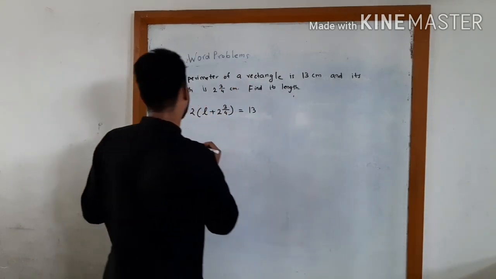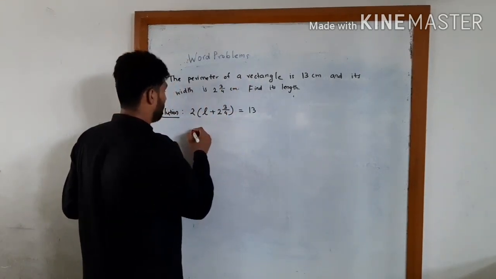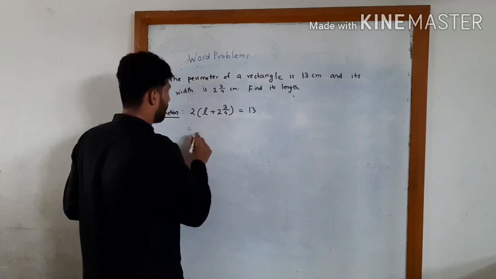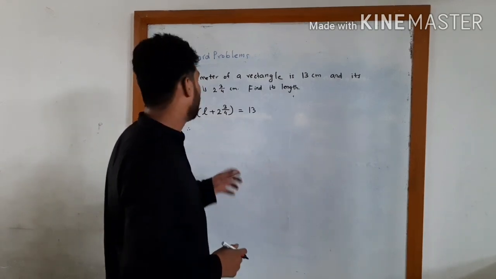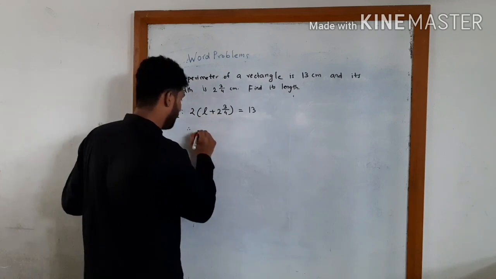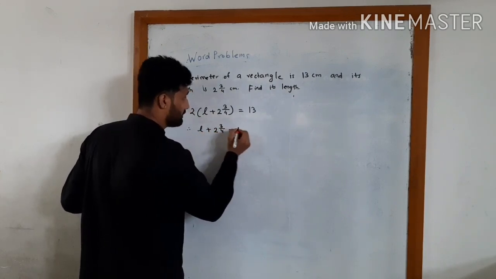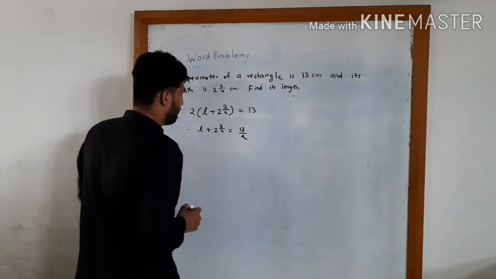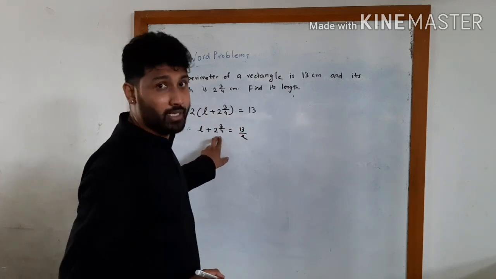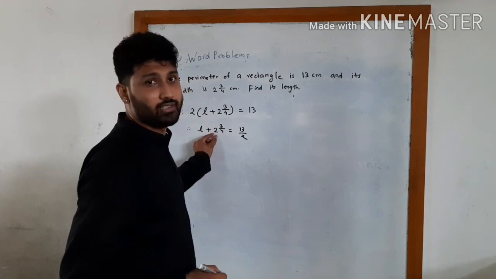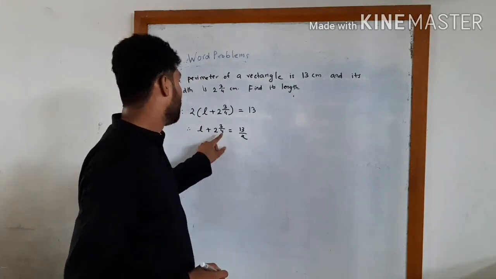So now let us open the brackets, or let us divide both the sides by 2. Anyway, we have fractions. So therefore, L plus 2 integers 3 by 4 is 13 by 2. Now we have something like a mixed fraction here. There is an integer part and a fraction part.